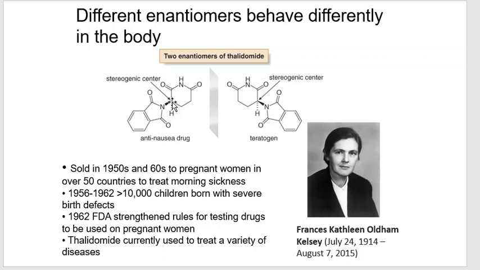And so there's no way to safely prescribe thalidomide and use just the anti-nausea drug, because it will eventually become the teratogen as it equilibrates. And so it can't be prescribed to nursing mothers, and it can't be prescribed to pregnant women at all. It is, however, used as a drug to treat other diseases.